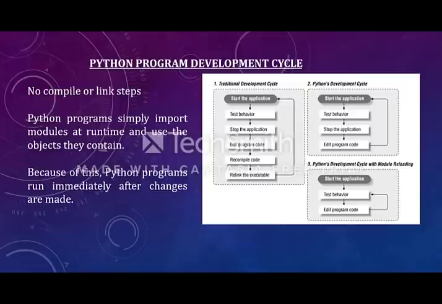Then we write the coding part. Then we test the software. If we have any modifications, again we modify those contents. And finally we deploy the system, we deploy the application.